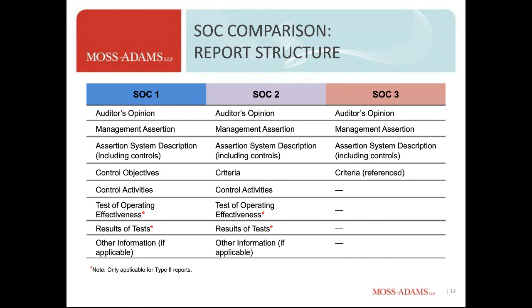All right, just some of the different sections that are included in the 3 reports. They all include an auditor's opinion, a management assertion, and a description of the system, which is basically what part or what product is going to be included in the examination report.